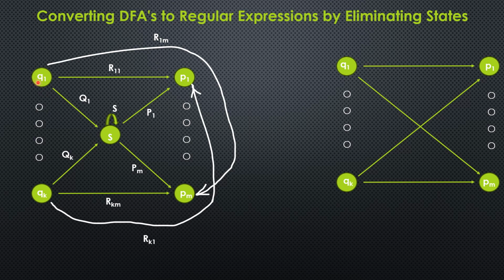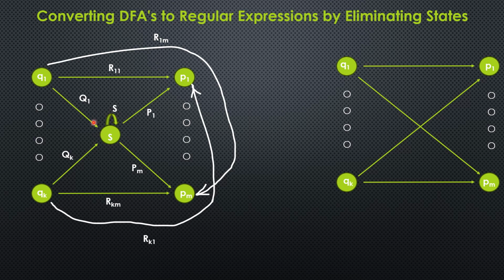Now let q1, q2 and so on till qk be some states which have an input such that they transit to S. So say the inputs can be capital Q1 to QK.